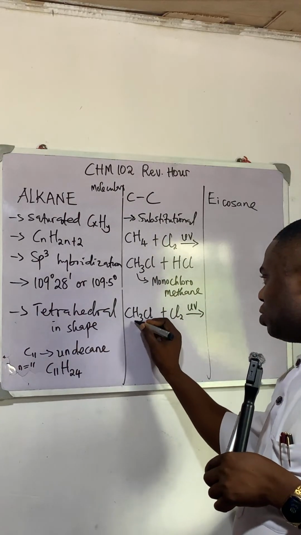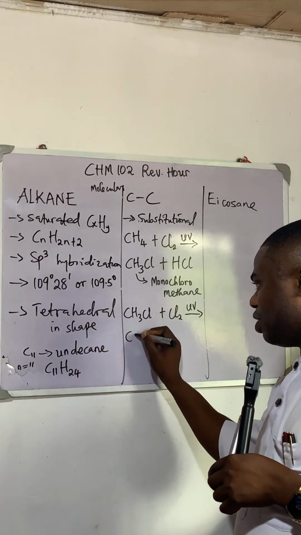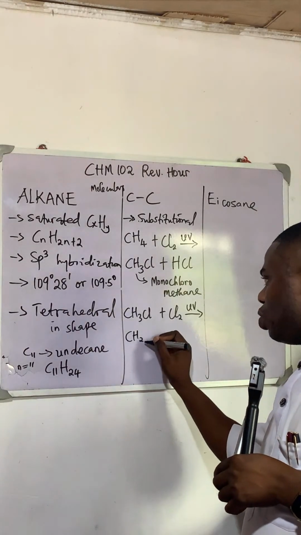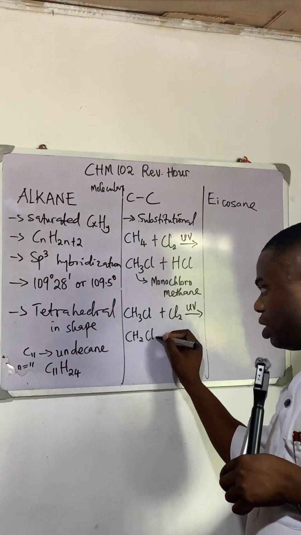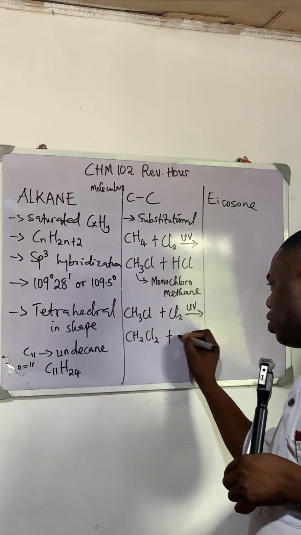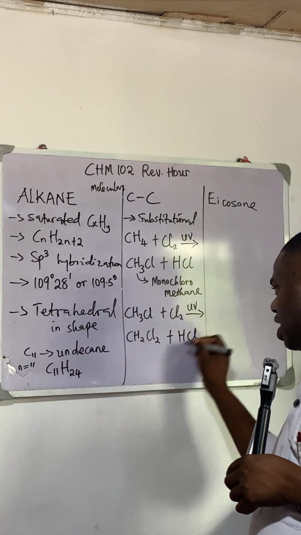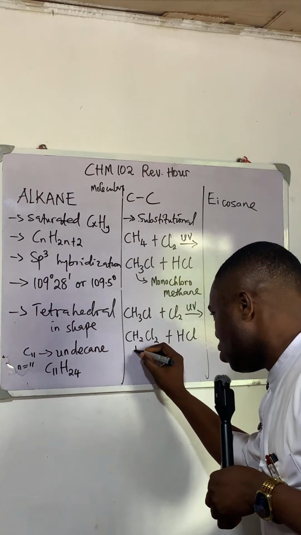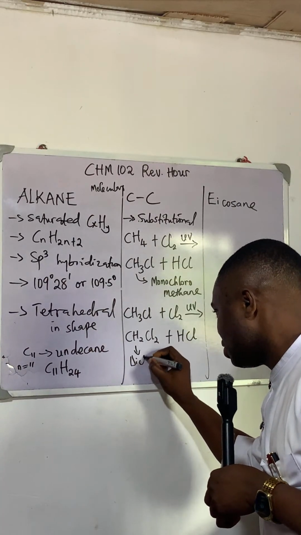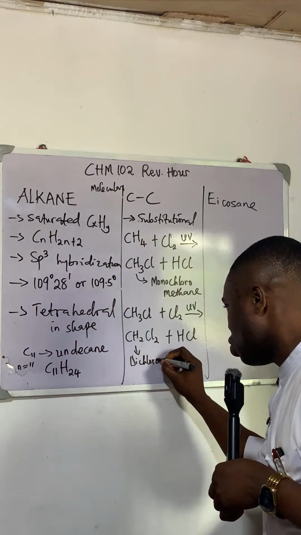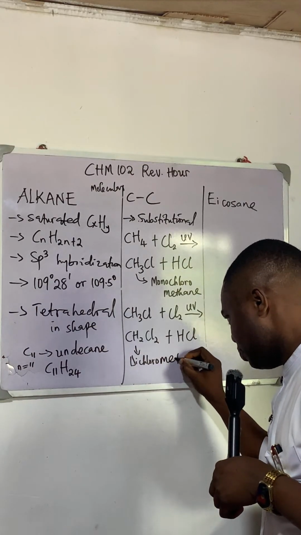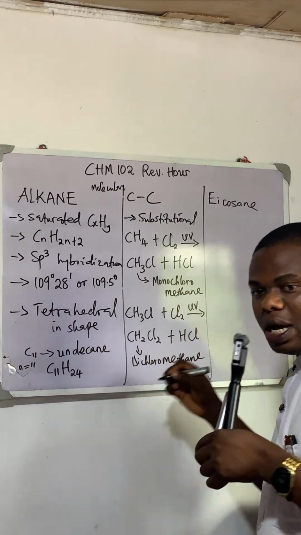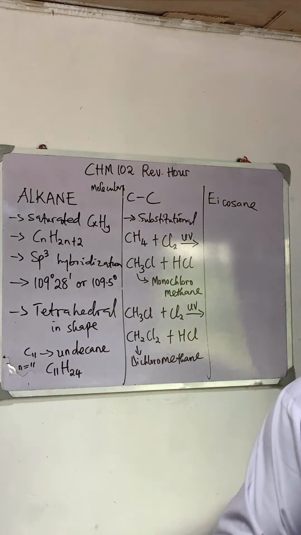In that reaction, one hydrogen will move off again, it becomes CH2, and one chlorine will join to become CH2Cl2, plus HCl. This is the second product. Here there are two chlorines. We call it dichloromethane.